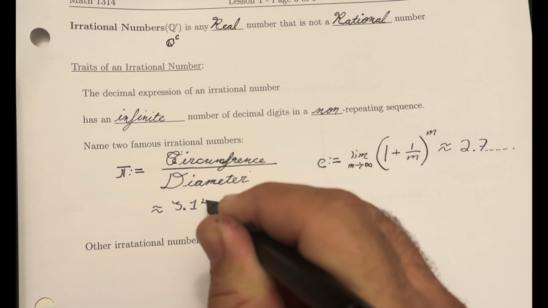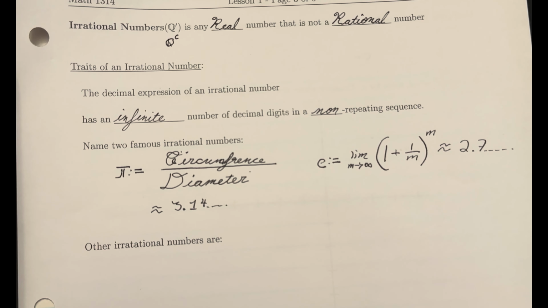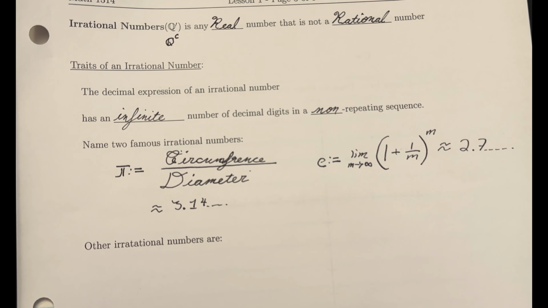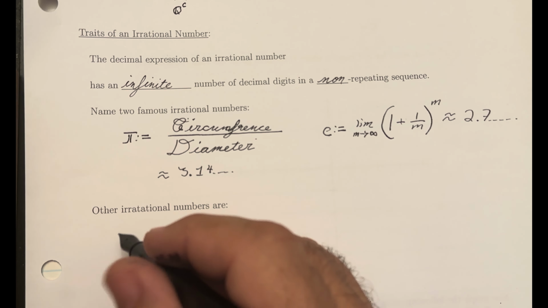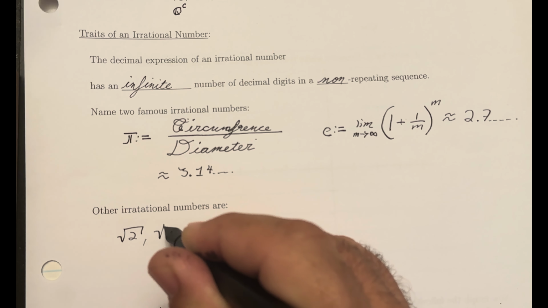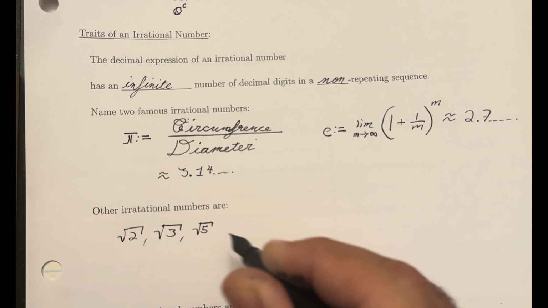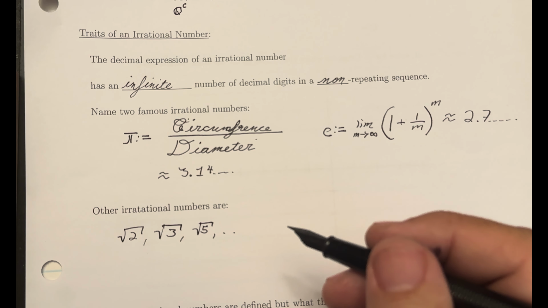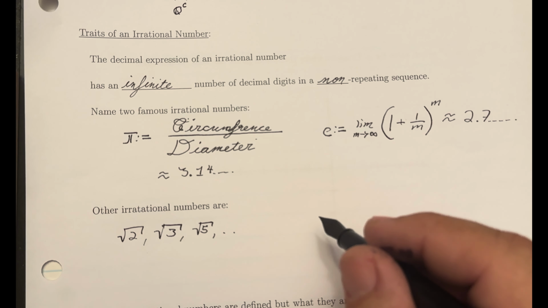How many decimal places you need depends on the application you are doing and how much precision you require. So some other irrational numbers are the square root of any prime number, such as 2 or 3 or 5. Or any composite number involving a prime.